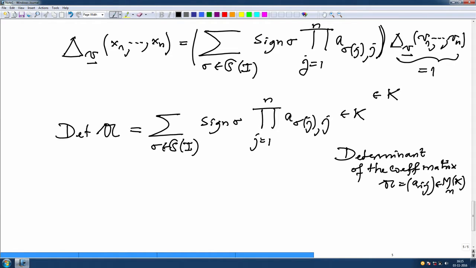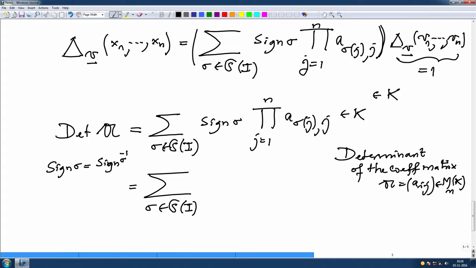And by the way, it is also immediate that this sum is running over all permutations. So when I replace sigma by sigma inverse in this, the sign does not change, because sign of sigma and sign of sigma inverse are the same. That is immediate from the canonical cycle decomposition of sigma.